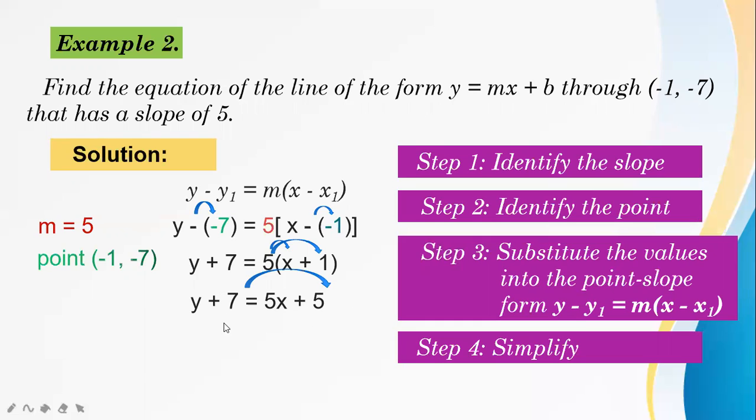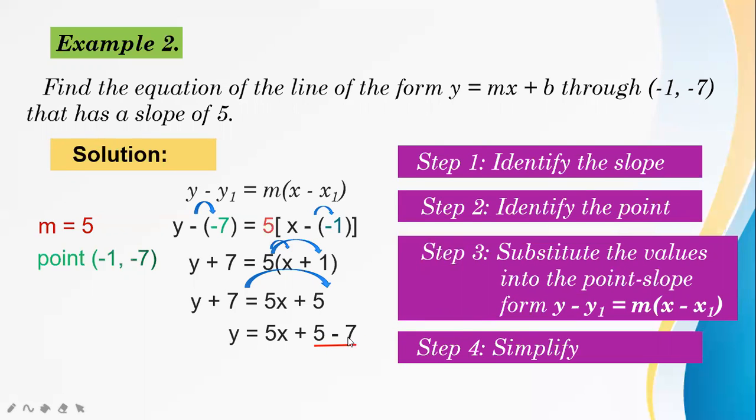Then transpose positive 7, because we are looking for the y equals mx plus b, the given form. So we have y equals 5x plus 5, then change this sign, positive 7 becomes negative 7.